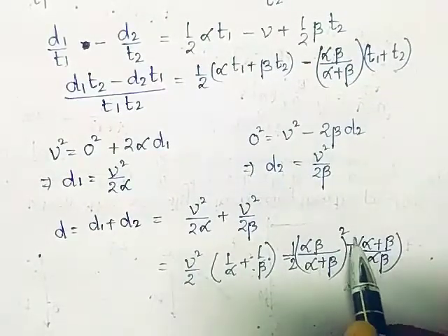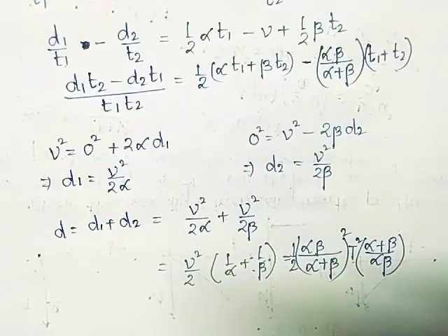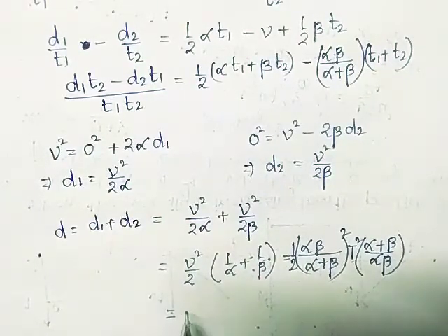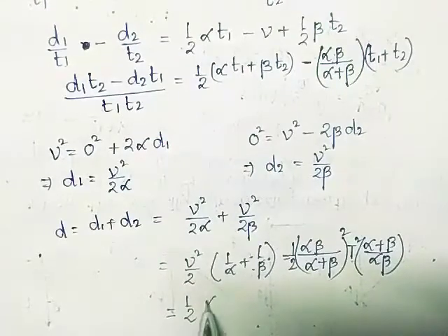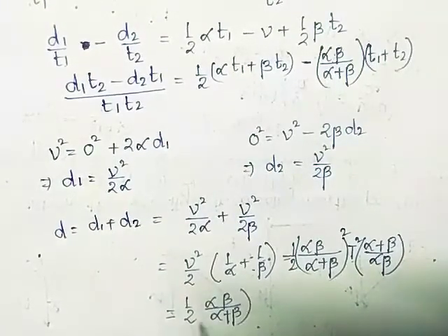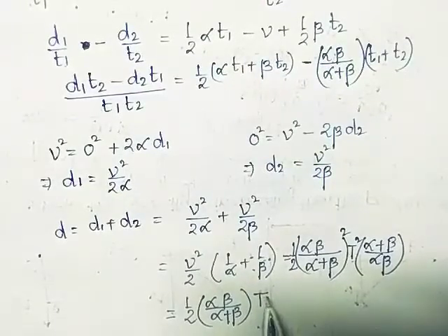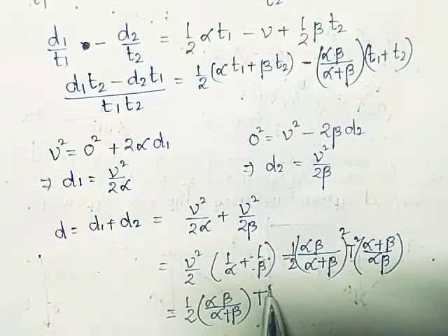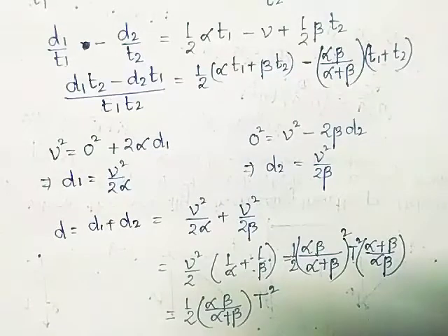Obviously here should be a t square. So this thing becomes 1 by 2 into alpha beta divided by alpha plus beta into t square. So this is the thing I want to say.